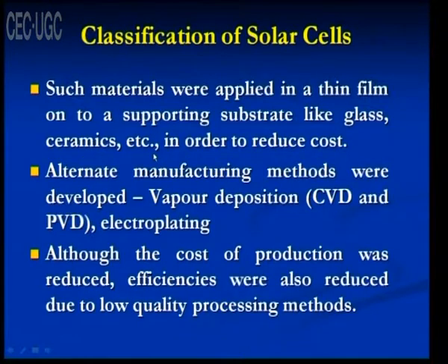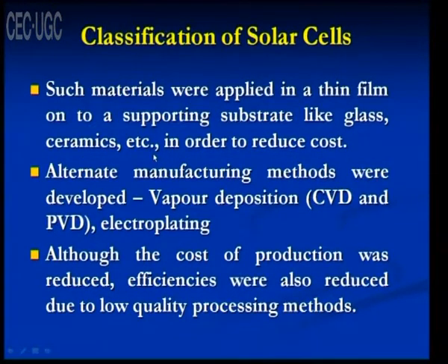Such materials used in the second generation solar cells were applied as a thin film onto a supporting substrate like glass or ceramics in order to reduce the basic cost of the cell. Alternate manufacturing methods were also developed during this period.